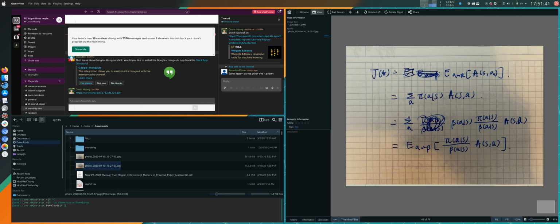And then because of this term right here, you can unexpand it into the expectation, and then you're just left with basically the objective in the TRPO paper, which is the importance sampling times the advantage.